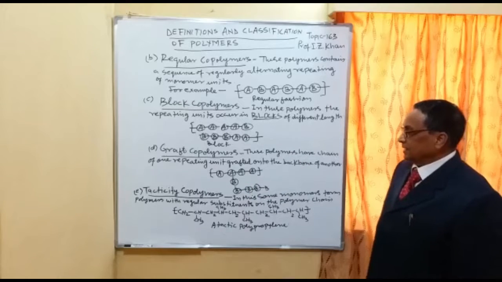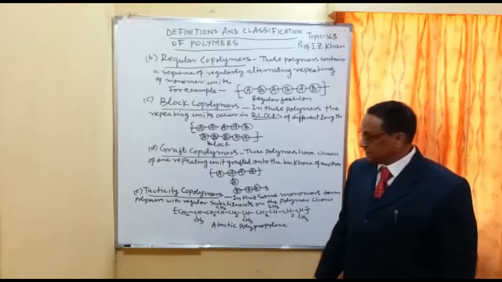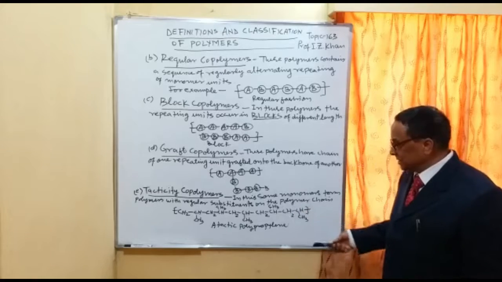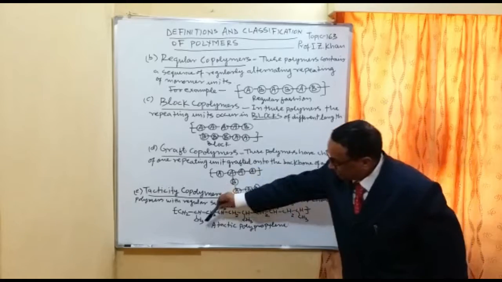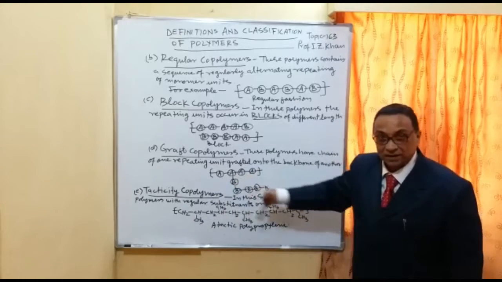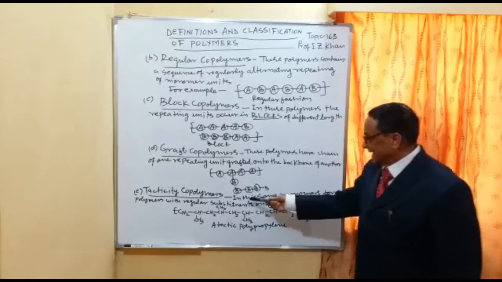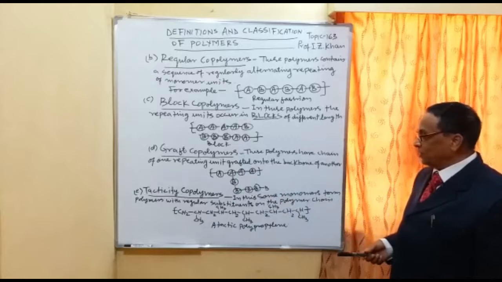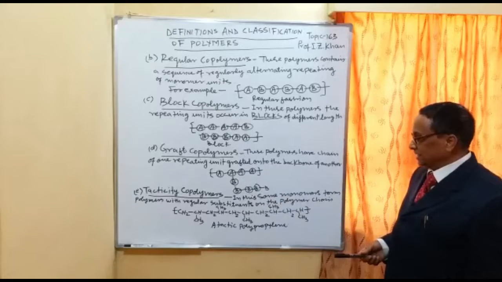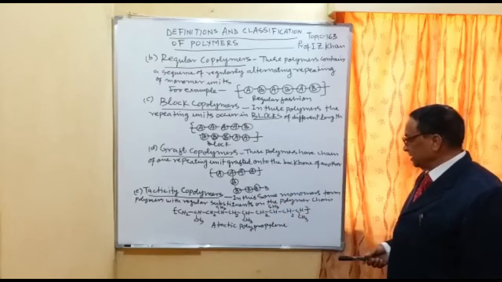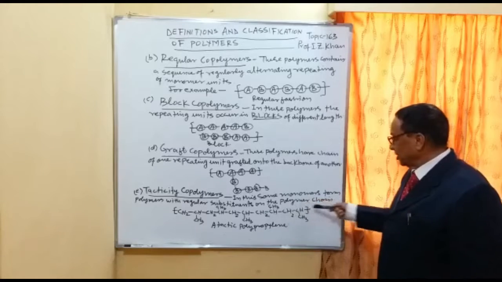And then tacticity copolymers. Tacticity copolymers means here the substituents are arranged in a particular way. So in this, some monomers form polymers with regular substituents on the polymer chain.